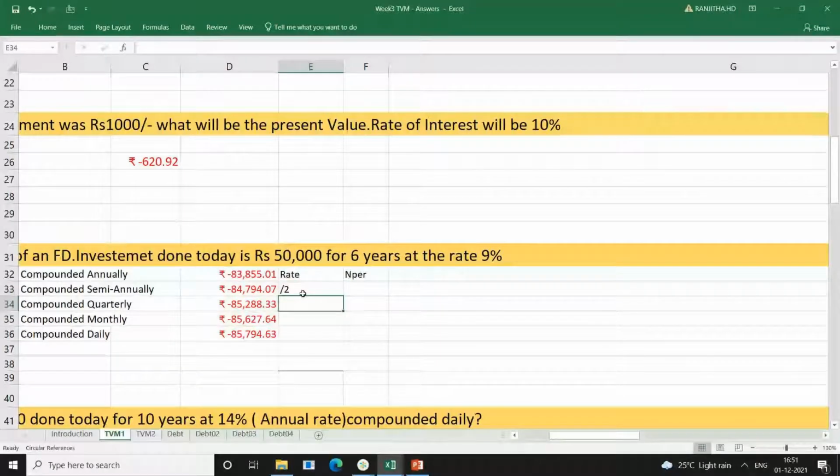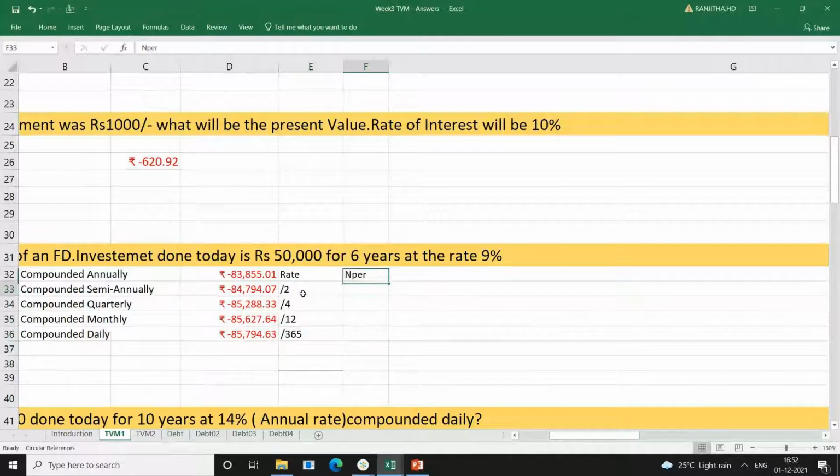The compound rate will be divided by 4 for quarterly. If it is compounded monthly, then it should be divided by 12. If it is daily, divided by 365.